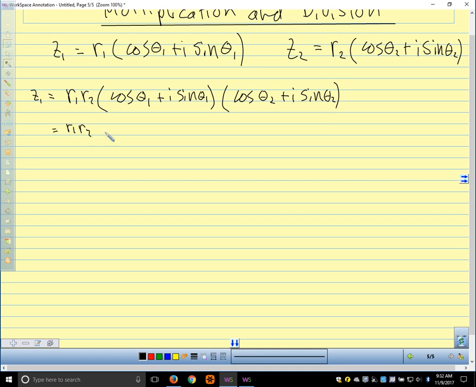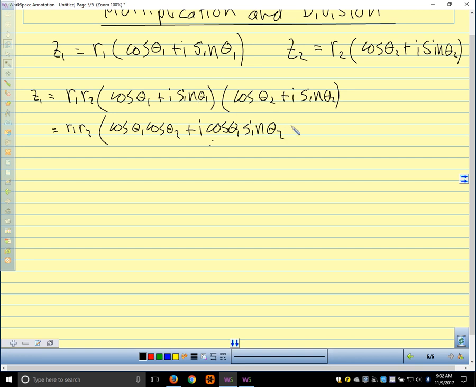R1 times R2, we're going to FOIL this. So I get cosine theta 1 cosine theta 2. That's our first. Our outside is plus i cosine theta 1 sine theta 2.